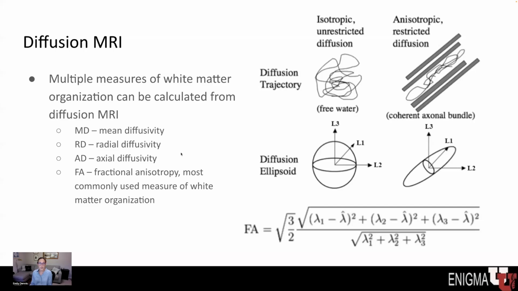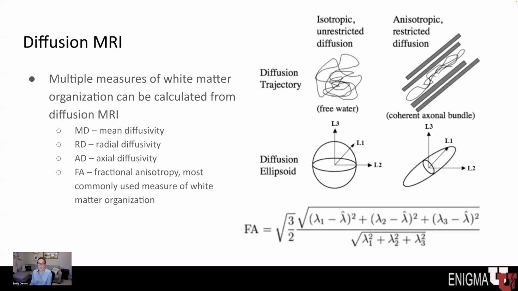A few other measures can be calculated. Mean diffusivity is just the average of diffusion in all three directions. Radial diffusivity is the average of the diffusion in the two non-primary directions, so perpendicular to the axon bundle. And AD, axial diffusivity, is diffusion along the axon bundle, along the primary vector.